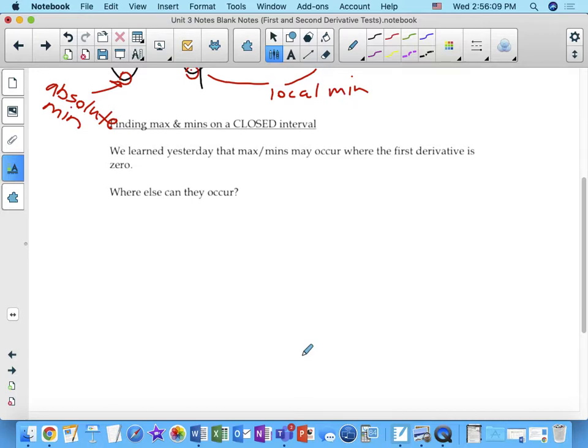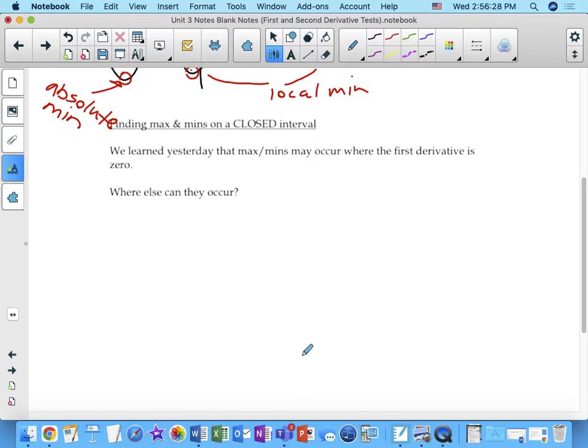But on a closed interval, which is what I just drew up there, closed interval means it starts here and it ends here. It's not like it starts here and goes to infinity, or starts at negative infinity and goes to positive infinity. That would be an open interval.